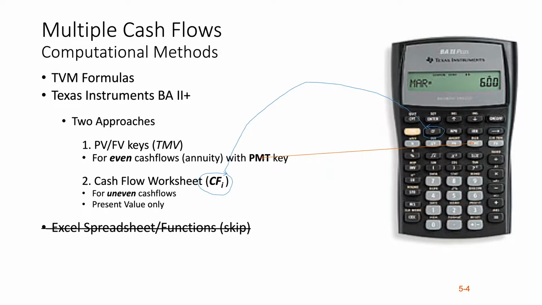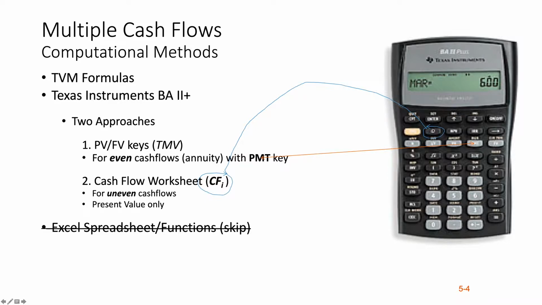You can do it by calculating each future value into its present value and adding them up. Or, as this book suggested, we're going to use a new cash flow function key, CF, which is the second key on the second row.